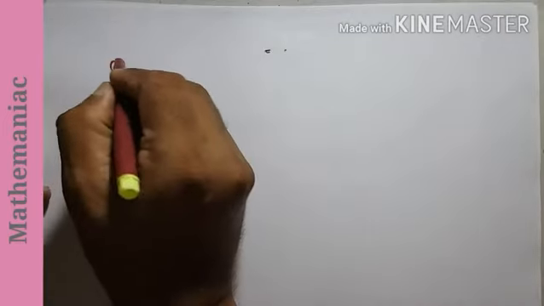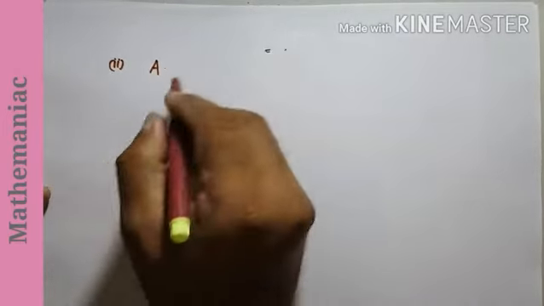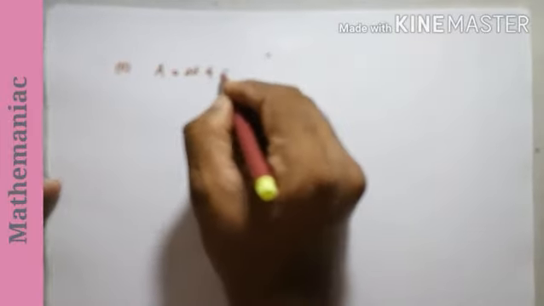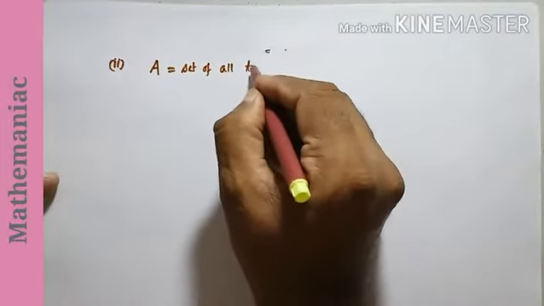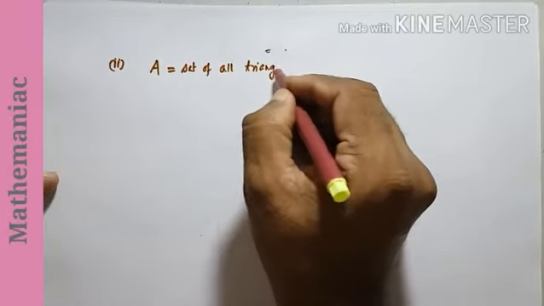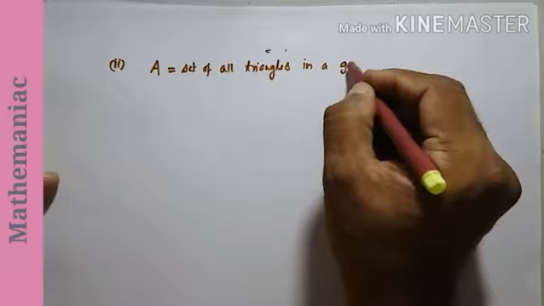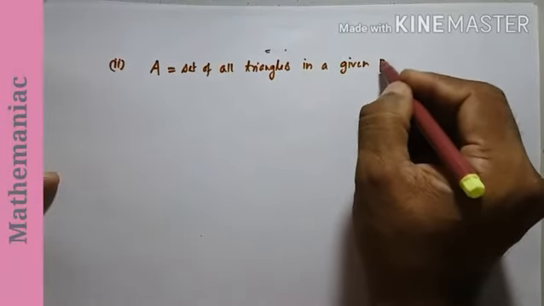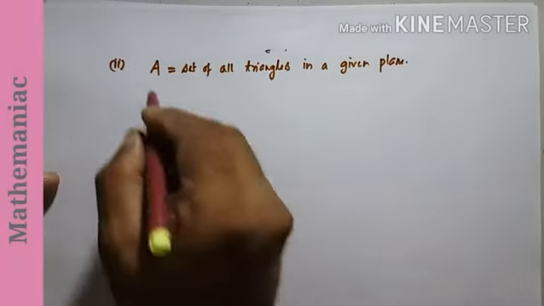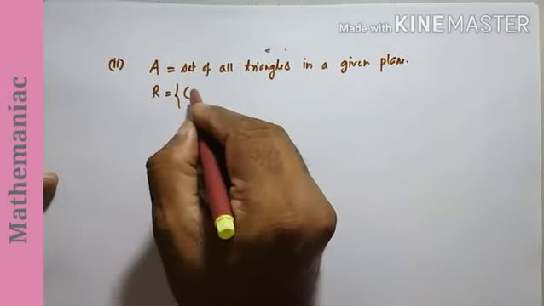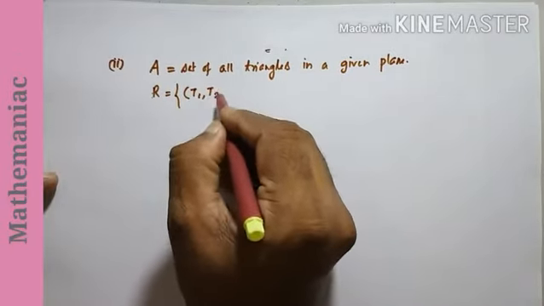Example number 2. We'll consider set A as the set of all triangles in a given plane. Then R we want to define. R is the relation. Say triangle 1 and triangle 2.